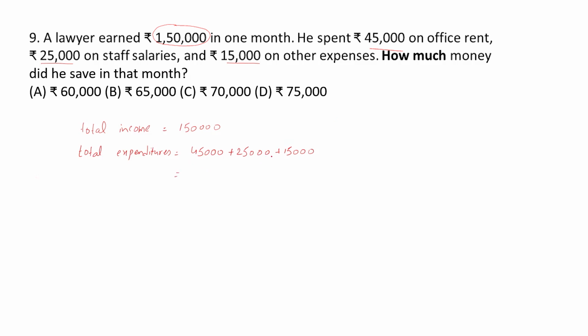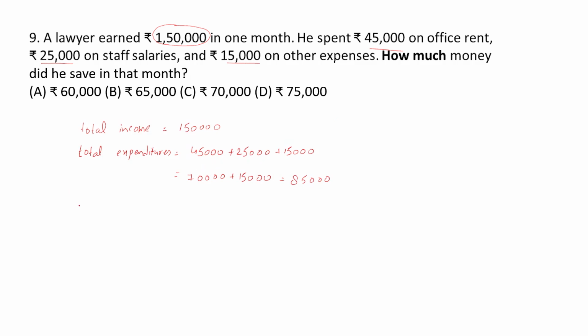This is his total expense. Let me add them up. So 45 plus this: 0, 0, 0, 0, 4 plus 2, 6 plus 7. So 70,000 plus 15,000. So it is again 0, 0, 0, 5. 7 plus 1 is 8. So this is his total expenditure.